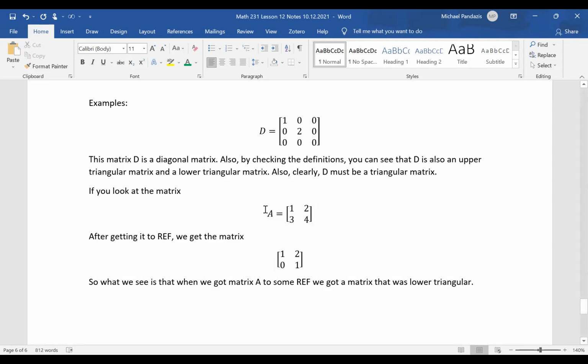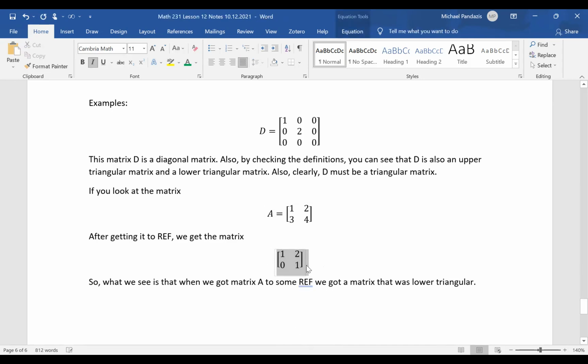Whenever you take a given matrix and you get it to row echelon form, the result is an upper triangular matrix. It has to do with the definition of a matrix in row echelon form. Every non-zero row has to have a leading 1. All the 0 rows have to be on the bottom. And when you have 2 consecutive rows that are non-zero, the leading 1 of the lower one has to be further right than the leading 1 above it.